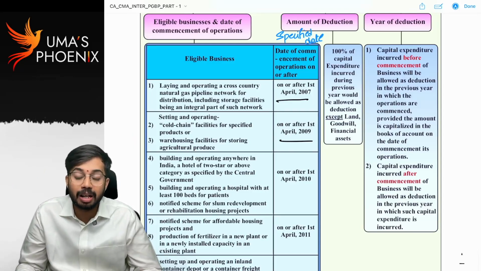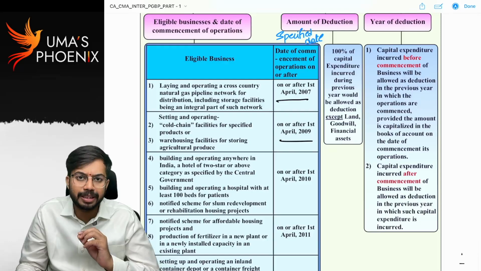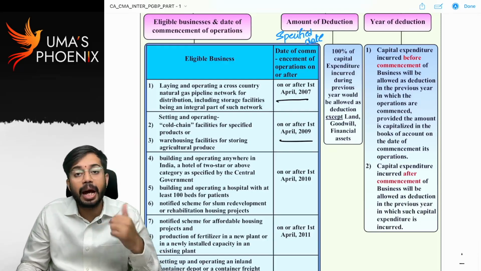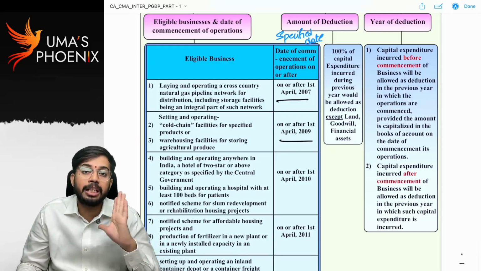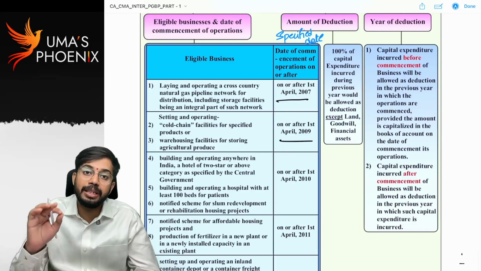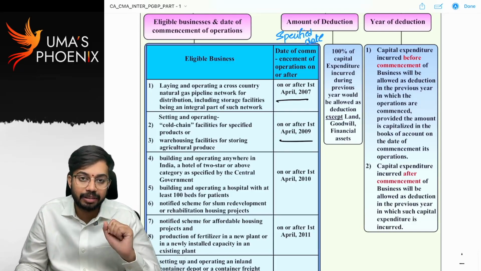Are you able to understand? Another important thing is, not only after commencement of business, before commencement of specified business also, if any capital expenditure is incurred, that capital expenditure is allowed as deduction under the head PGBP in the year in which business is started. Are you able to understand? So that is the advantage.